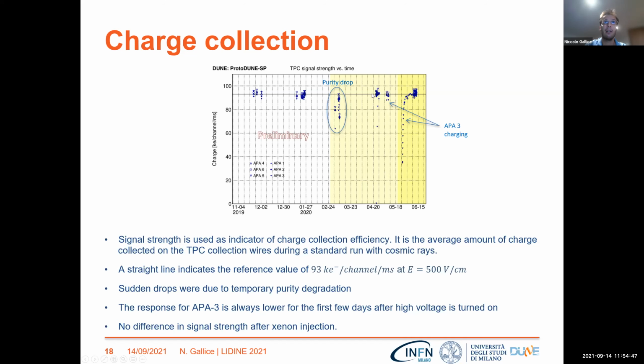A straight line indicates the reference value of 93 kiloelectron-volts per channel per millisecond at a standard electric field. Some drops were due to temporary purity degradation, while the APA3 response is always lower the first time after high voltage is turned on due to technical problems. So no difference between before and after the doping was observed in the signal strength.